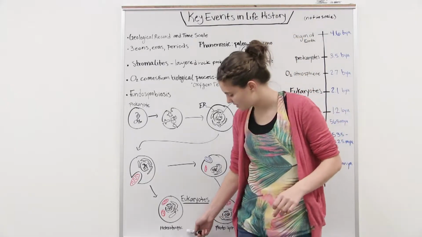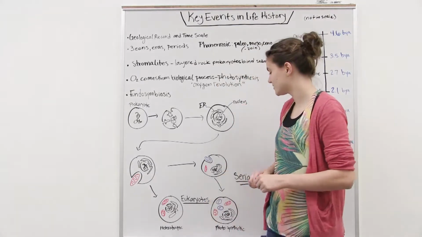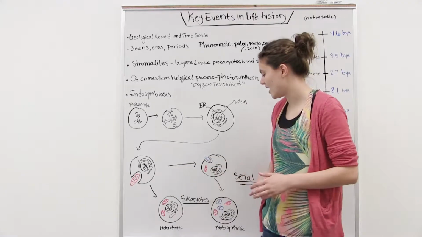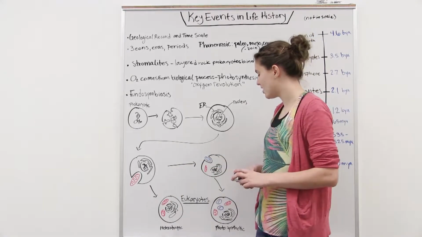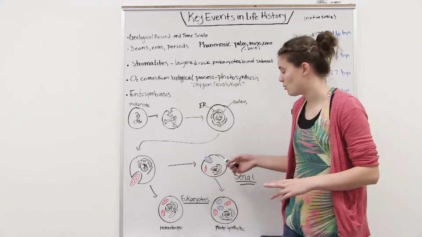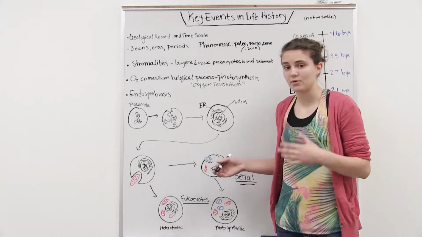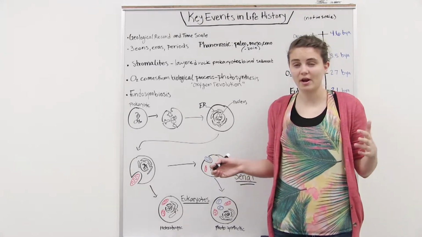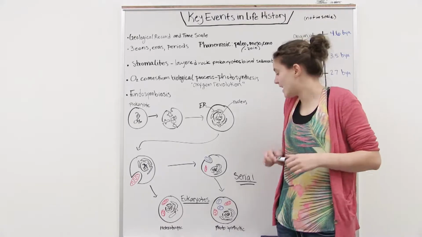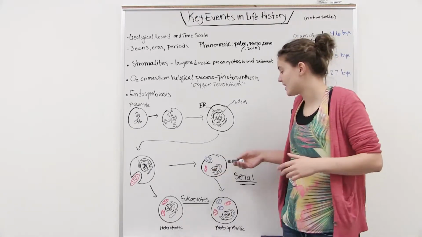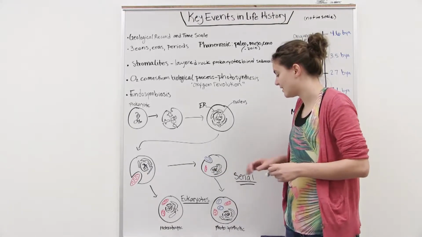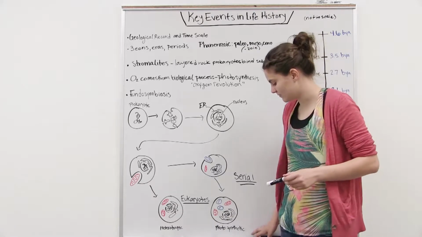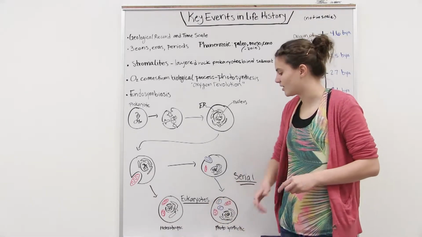And so that formed some heterotrophic eukaryotic cells. And then some of these heterotrophic cells did a similar thing with plastids. There was some sort of ancient prokaryotic cell that had photosynthetic abilities. It was engulfed by a larger cell and eventually became a part of it to form some photosynthetic eukaryotic cells.